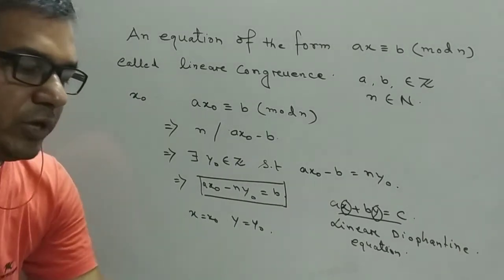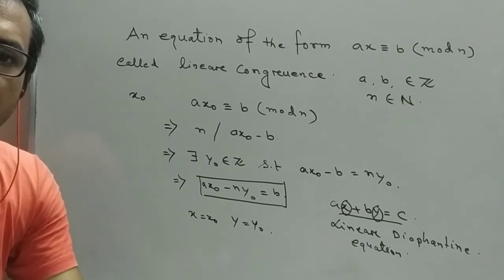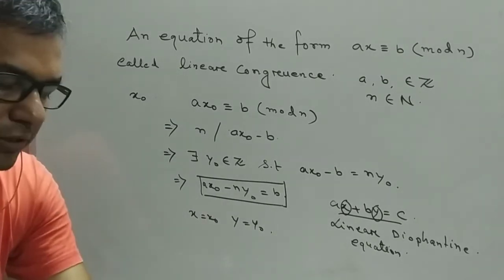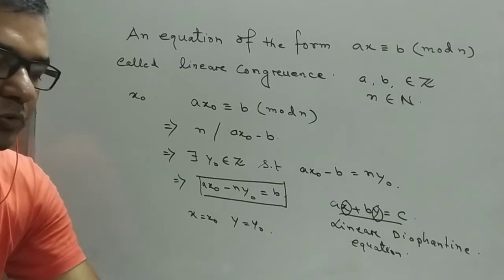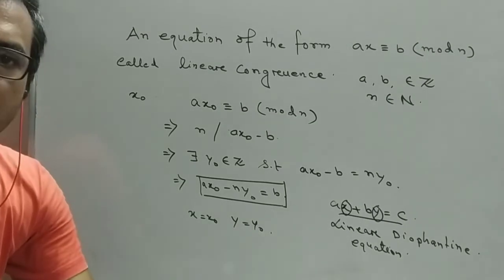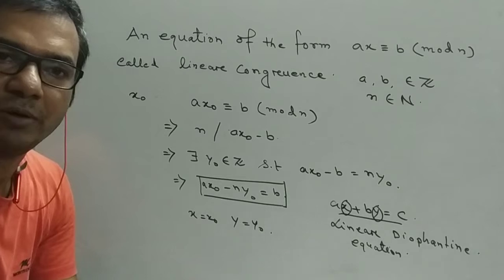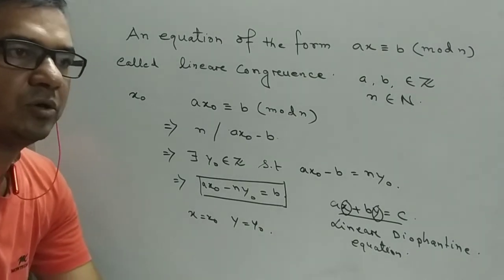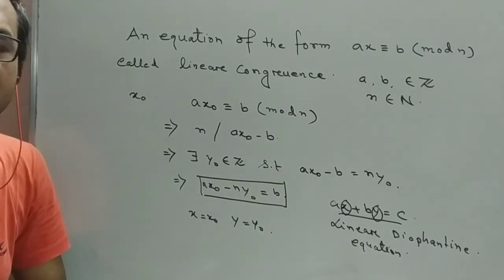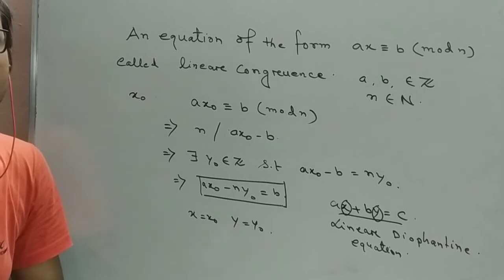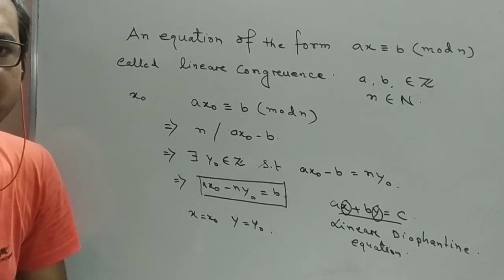Now we give an important theorem related to linear congruence. From this theorem we can say when a linear congruence has a solution and what the number of solutions is.